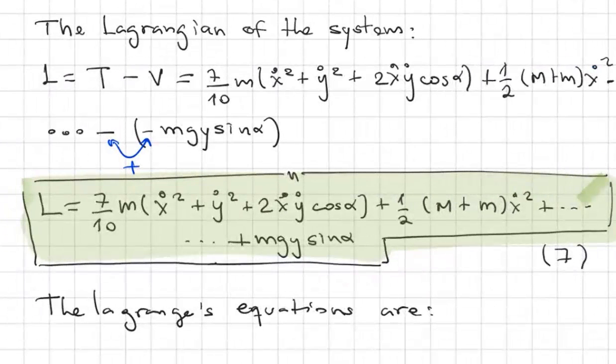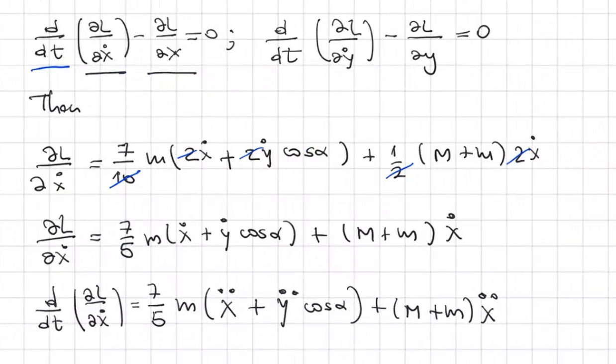We check the Lagrangian, and the Lagrangian doesn't depend on the variable x at all. So the derivative of the Lagrangian with respect to x is equal to 0, because no x term is in this equation. Then we have dL/dx equal to 0.